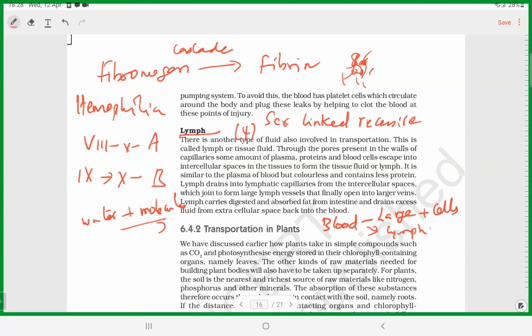Anyway, with this let me stop. A very important part we discussed today about transportation in human beings, and we focused much on the blood, the heart and the blood vessels. What is blood?